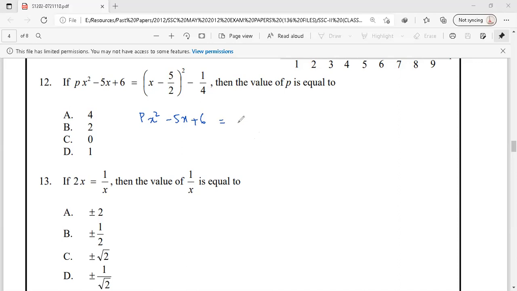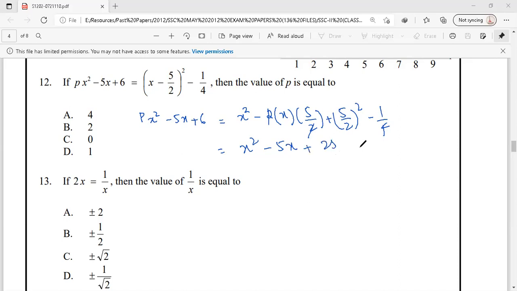By solving this expression, it will become x² - 2ab + b², (5/2)² - 1/4. So x² - 2 and 2 will cancel out. We will get -5x + 25/4 - 1/4.